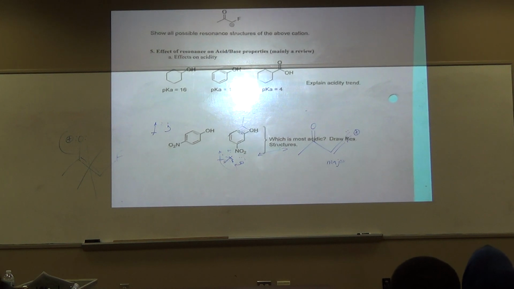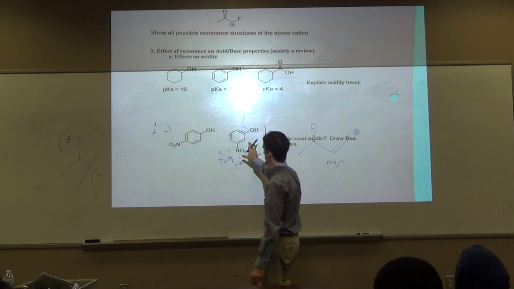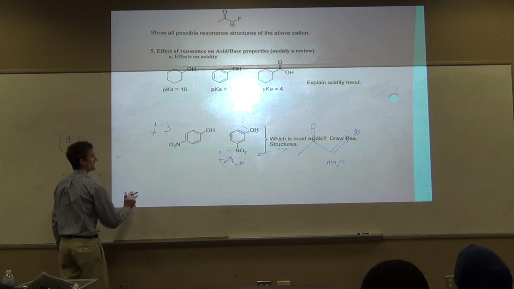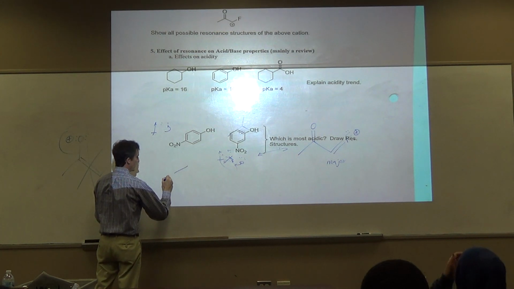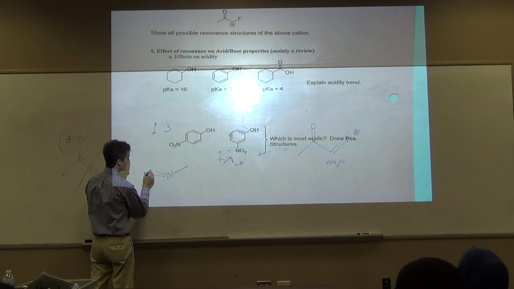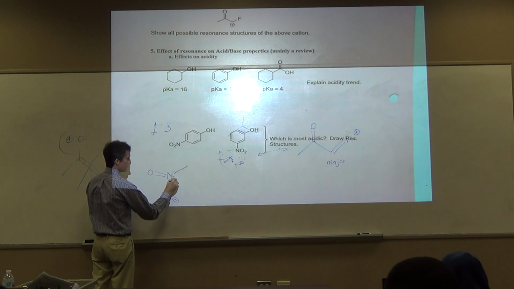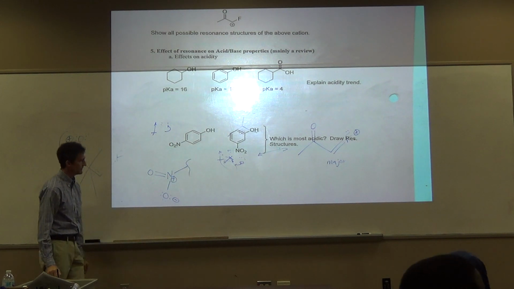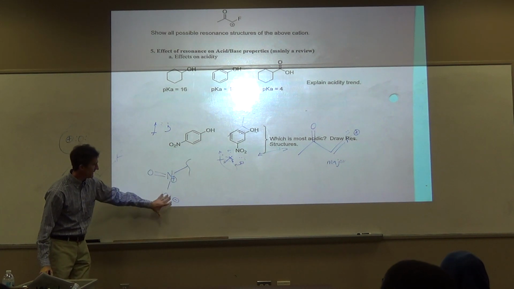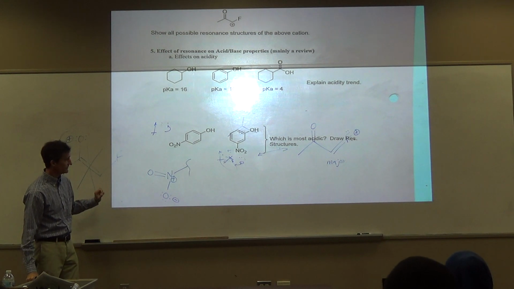Down here we have phenol with these nitro groups. You'll see nitro in organic 2. The Lewis structure for nitro is nitrogen with a double bond to oxygen and a single bond to oxygen. This oxygen is charged, that nitrogen is positive. But of course you have resonance of the nitro group itself.